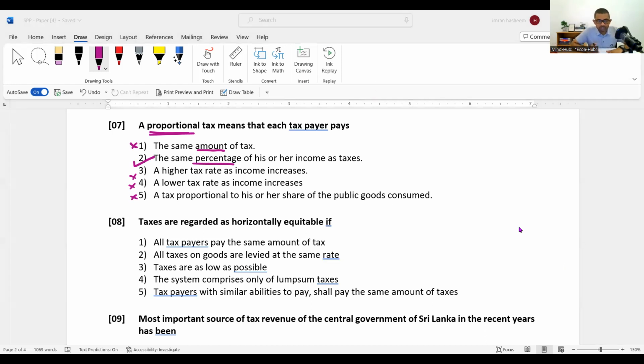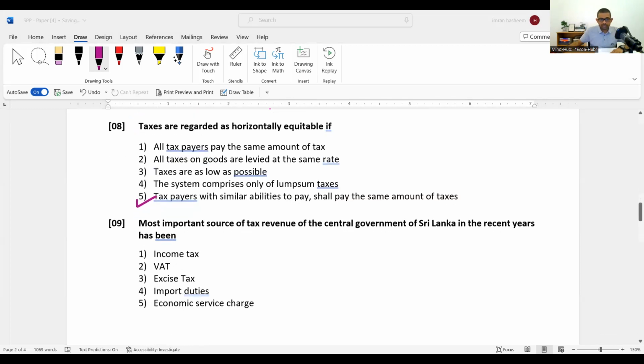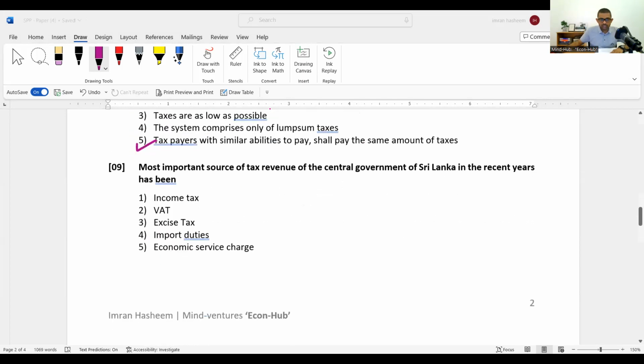Correct answer is what then? For question 8, what is the correct answer? Number 5. Taxpayers with similar abilities to, sounds pretty correct. Yeah, done. Then question 8, correct answer number 5. Question 9: the most important source of tax revenue of the central government of Sri Lanka in recent years has been.